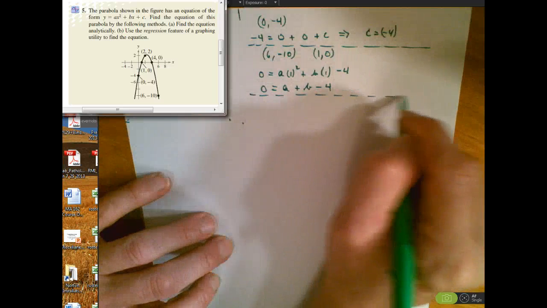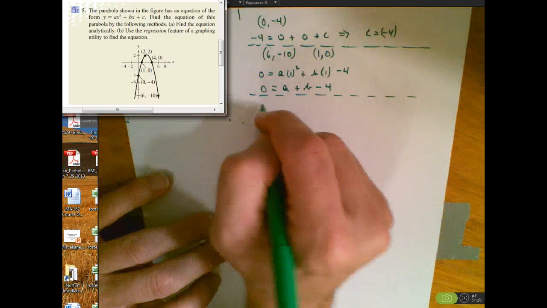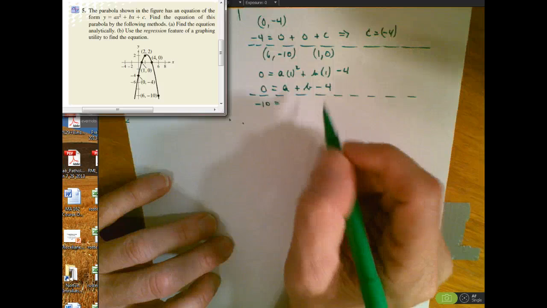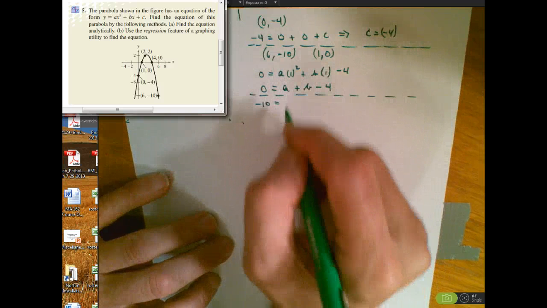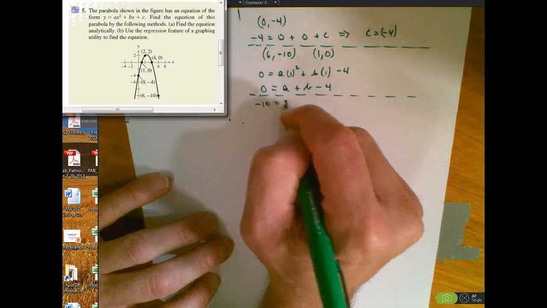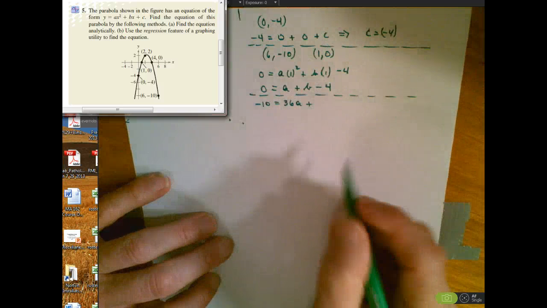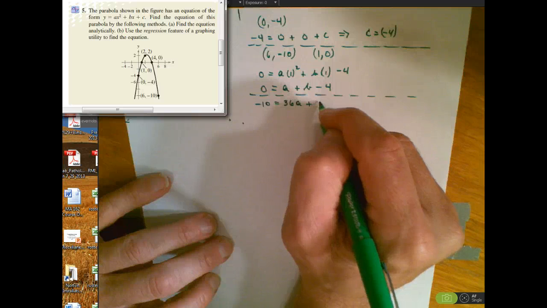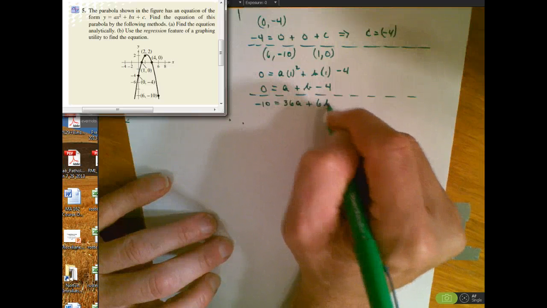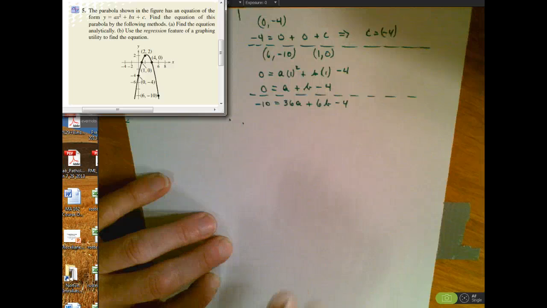Using another point, (6, -10): since x is 6, x squared is 36, so I'll put 36a, plus bx, which is 6b, minus 4. So we have an equation there.